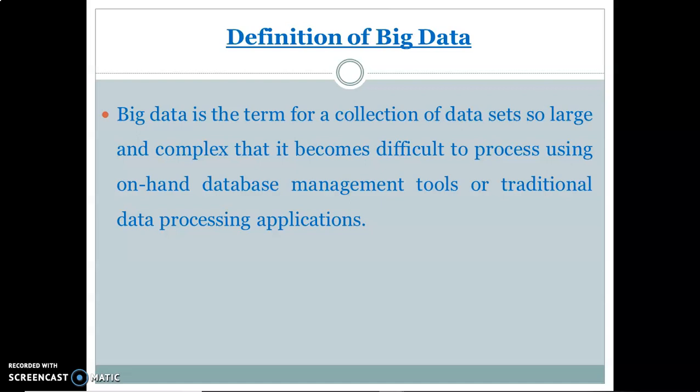So we now have data sets which are huge, humongous, and we cannot process them using the currently available database management tools or the traditional data processing applications that we've been using for years now. The amount of data has increased.